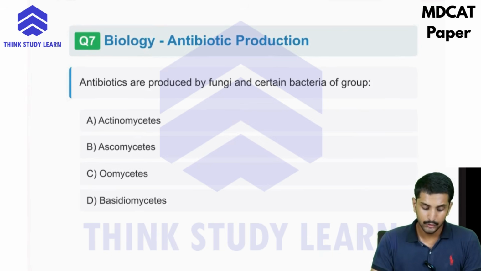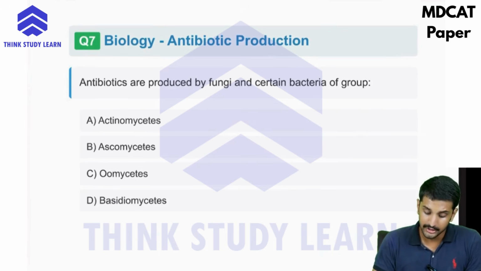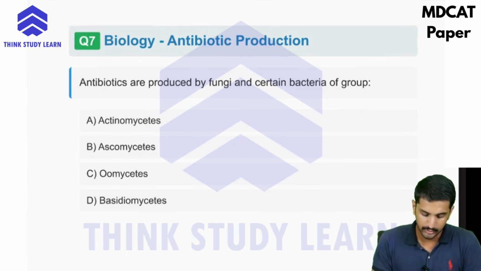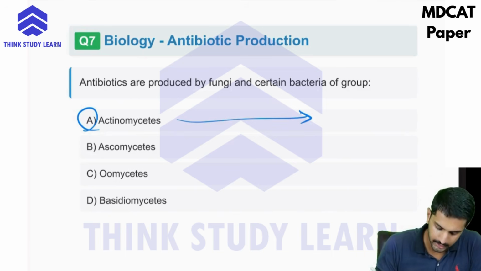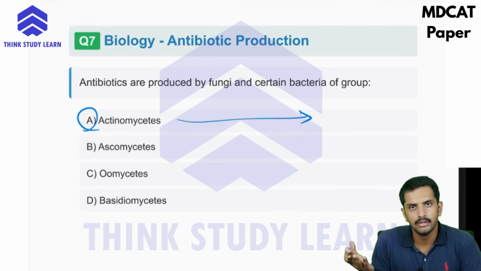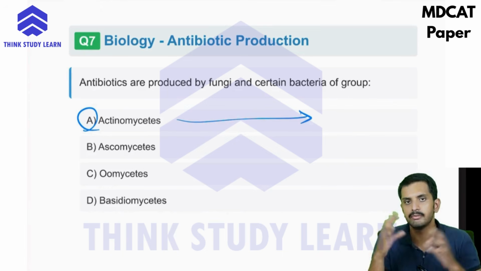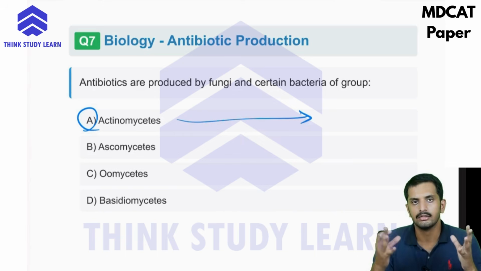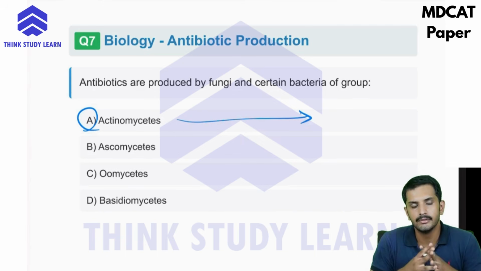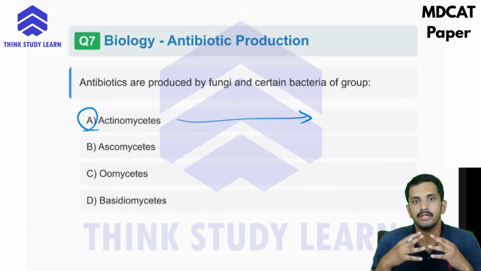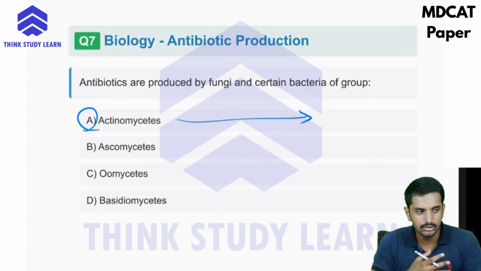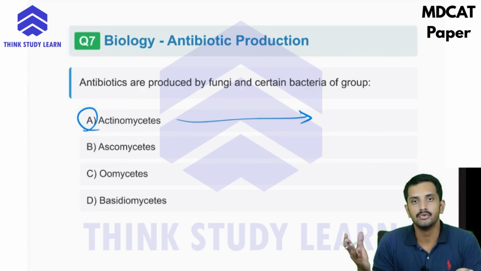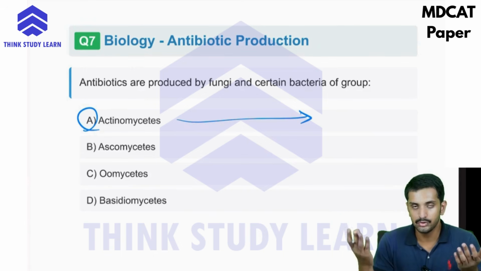Antibiotics. Antibiotics are produced by fungi and certain bacteria of group. So we have their group names, actinomycetes. So basically, this is a group of bacteria that is a famous family of bacteria. It is a family of bacteria that includes a lot of bacteria that produce the mainstream antibiotics that we use today.